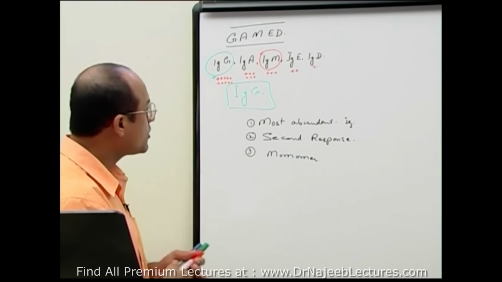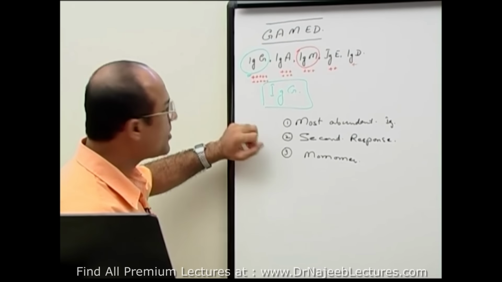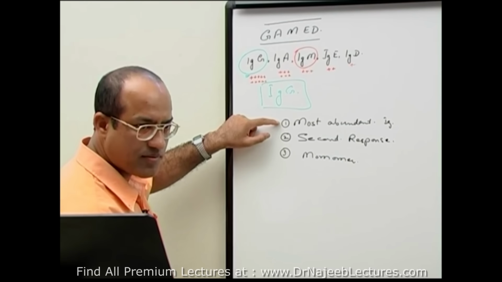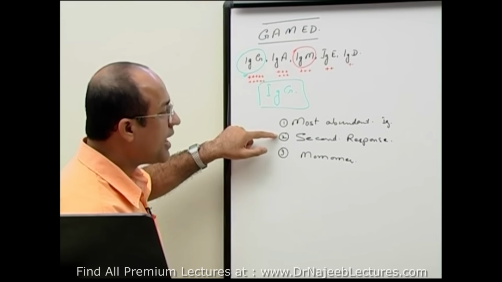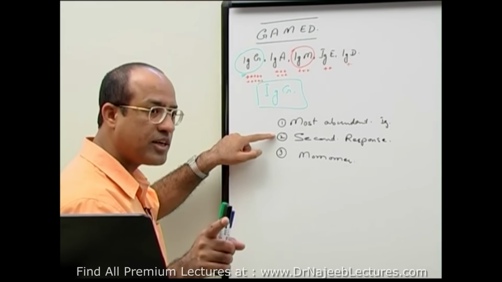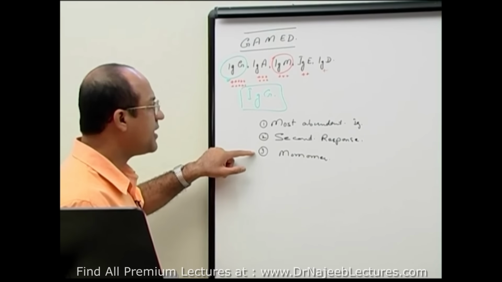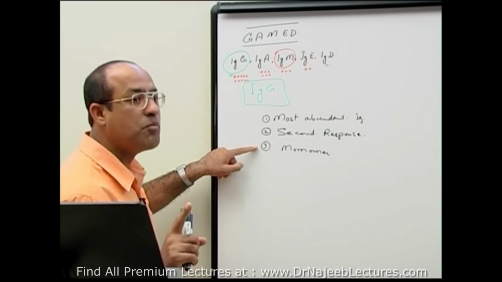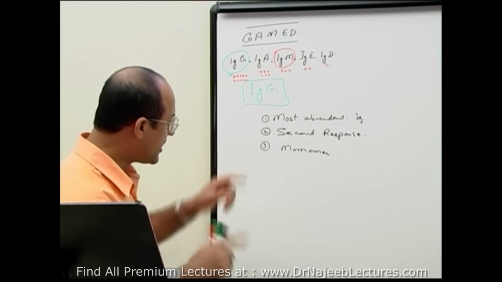You get it? So, keep on comparing IgG with IgM. IgG is the most abundant, IgM in the blood is less. Number 2, IgG is the antibody of secondary response, but IgM is the antibody of primary response. Is that right? Then, IgG is a monomer, but IgM is present in the blood as a pentamer, right?